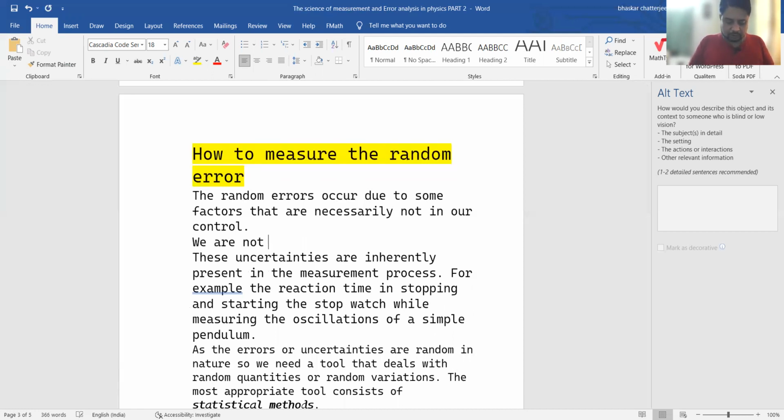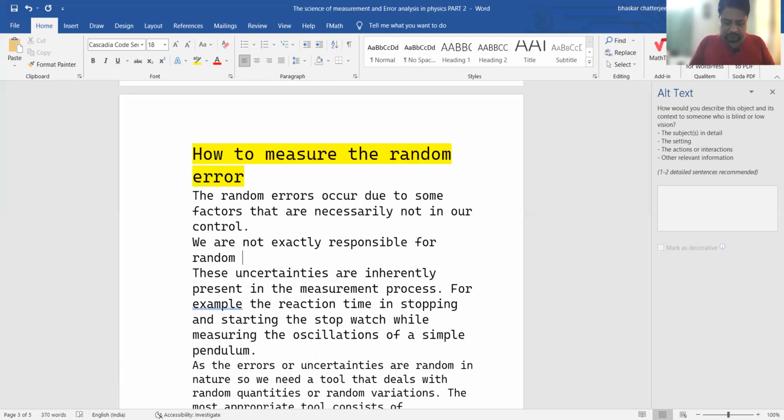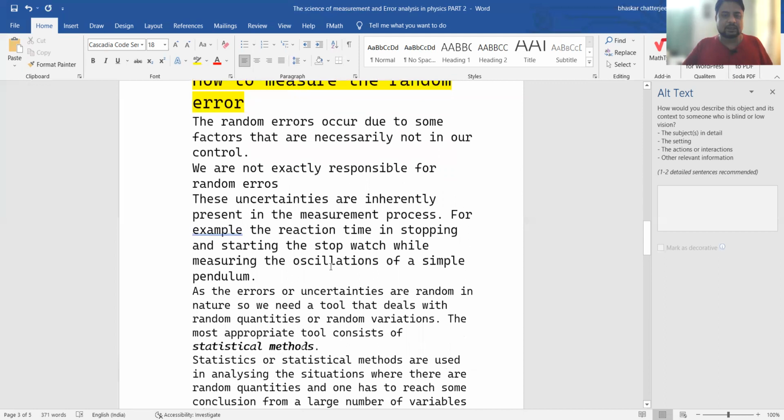These uncertainties are inherently present in the measurement process. You cannot avoid them. Neither I can avoid them, nor can any experimenter.